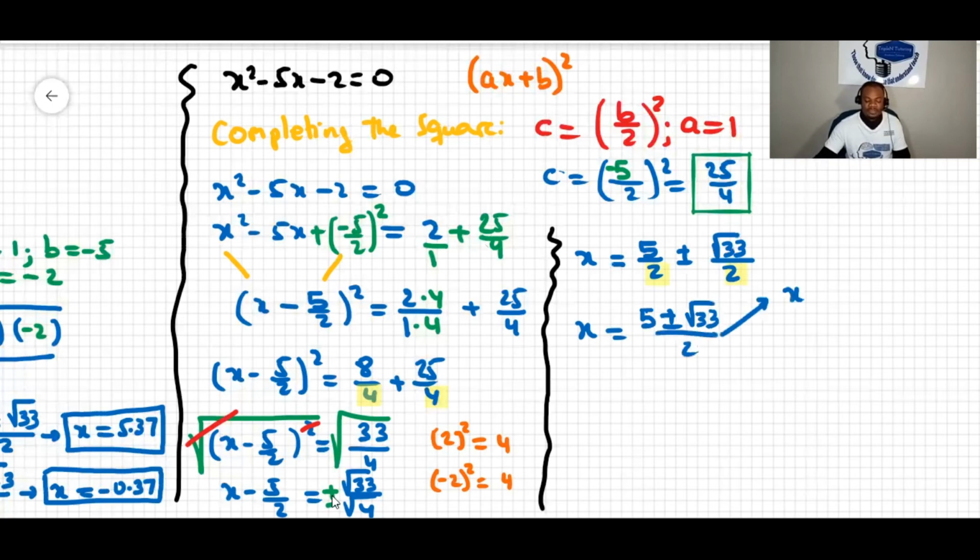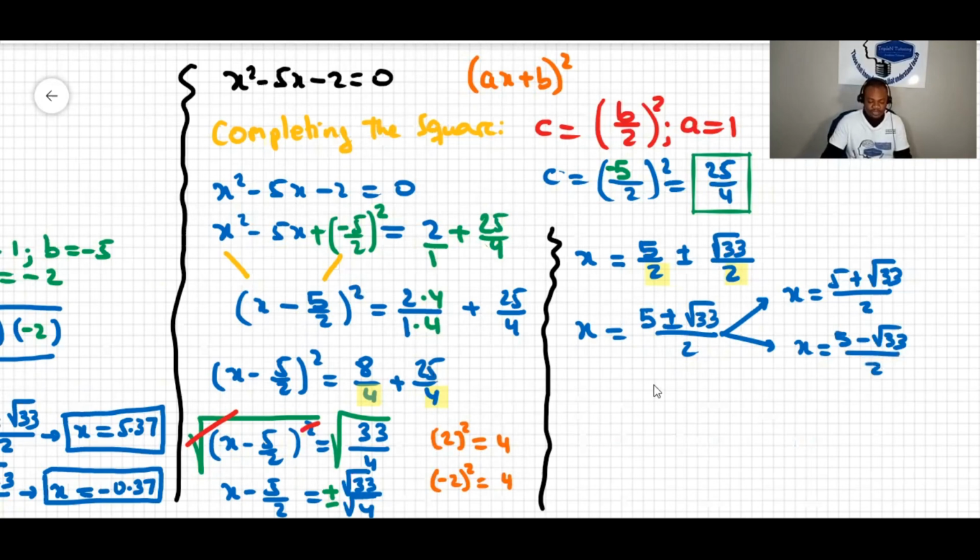The first will be with the positive, so it's going to be (5 plus root 33)/2, and the other with the negative. We're going to take the negative down, and that's going to make x equal to (5 minus root 33)/2.